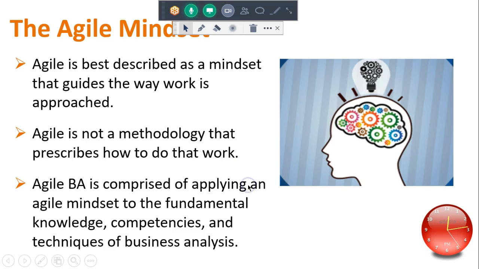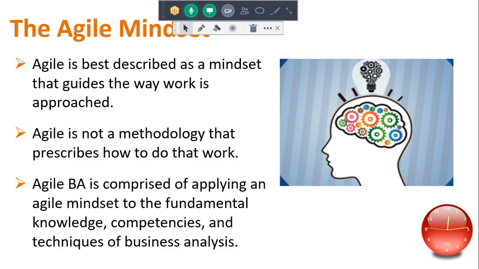We've already talked about this whole slide many times in the course of the last couple of hours. It's about really understanding that agile is a way of working. It's not the specific techniques that are involved.